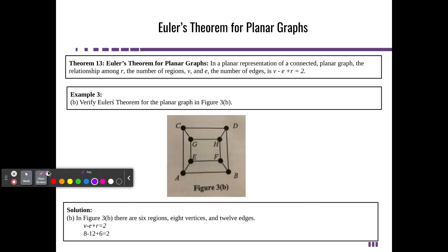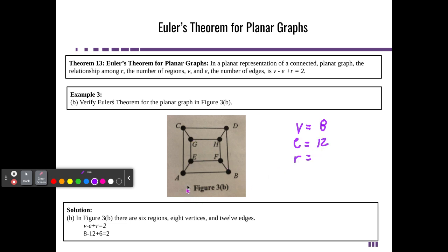All right, next one. We take a look at this guy, same thing, it's just another example. In this particular case, we have vertices, edges, and regions. So vertices, we have 1, 2, 3, 4, 5, 6, 7, 8. Edges, we have 12. 1, 2, 3, 4, 5, 6, 7, 8, 9, 10, 11, 12.